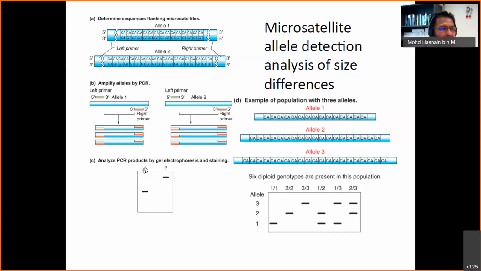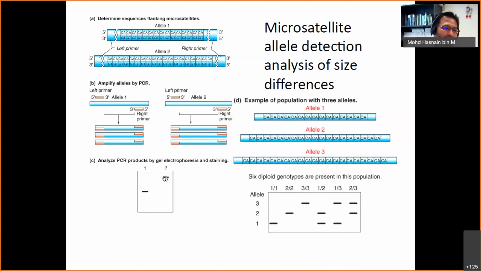Because this one is short, when you do gel electrophoresis, it will move very fast. It goes down to here. This one is slightly longer. When you do a PCR, you can get many copies. When you run on the electrophoresis, all of them will be at this position because they are the same length. They are over here. Okay.